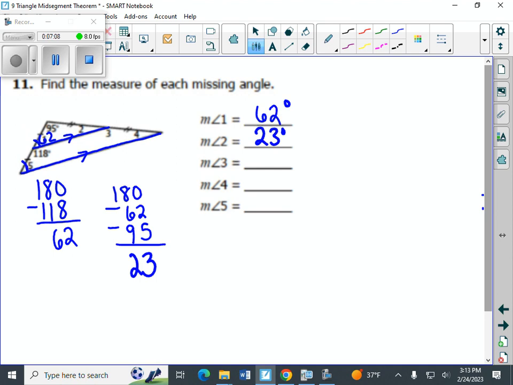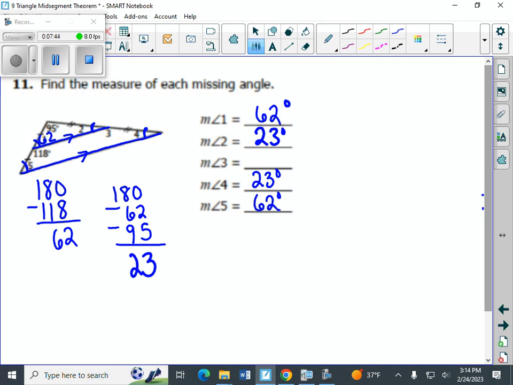And angle 5 is in the same position with respect to the other parallel line, so angle 5 is 62. We found that the measure of angle 2 was 23. This is again on top of the parallel line, and angle 4 is in the same position with respect to angle 2. So since angle 2 is 23 degrees, angle 4 should also be 23 degrees.